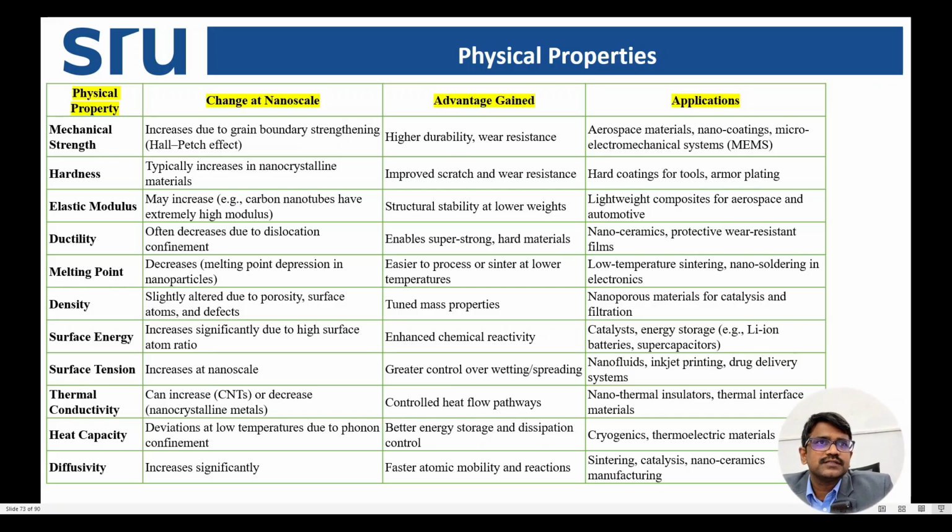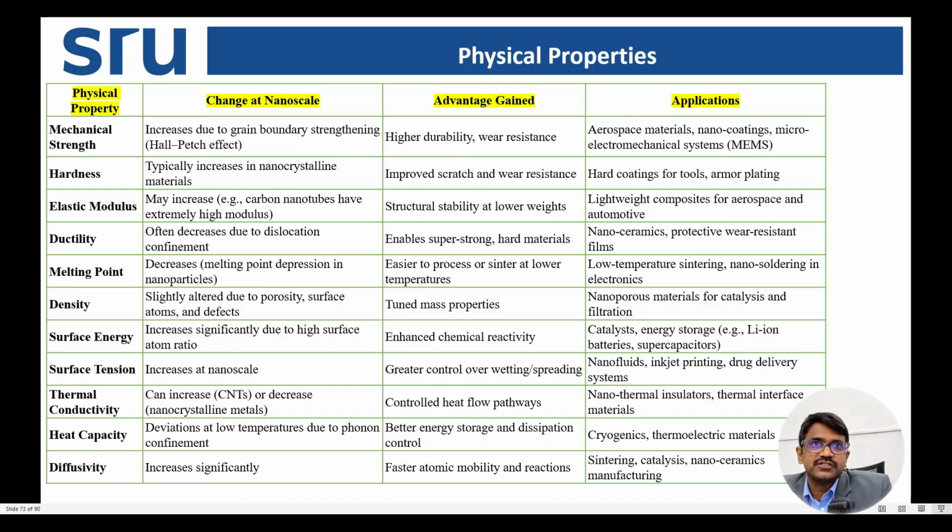The first property is mechanical strength. What is the change at nanoscale in mechanical strength? Mechanical strength increases due to grain boundary strengthening.